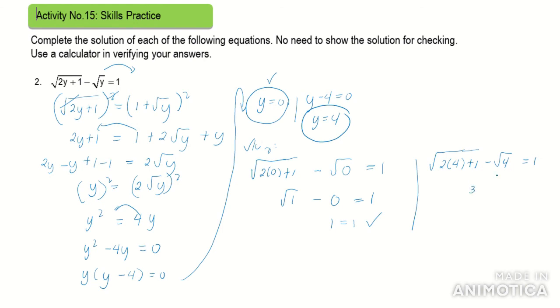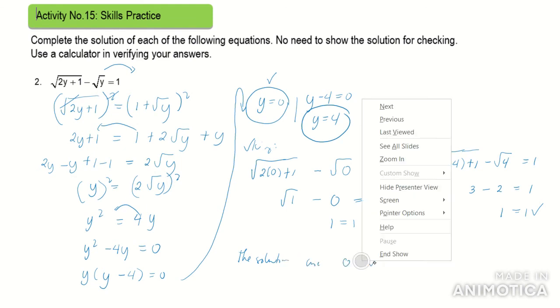Then, what is the square root of 4? The square root of 4 is equal to 2. 3 minus 2 is equal to 1, then 1 is equal to 1. So therefore, we have two solutions here, and the solutions are 0 and 4.